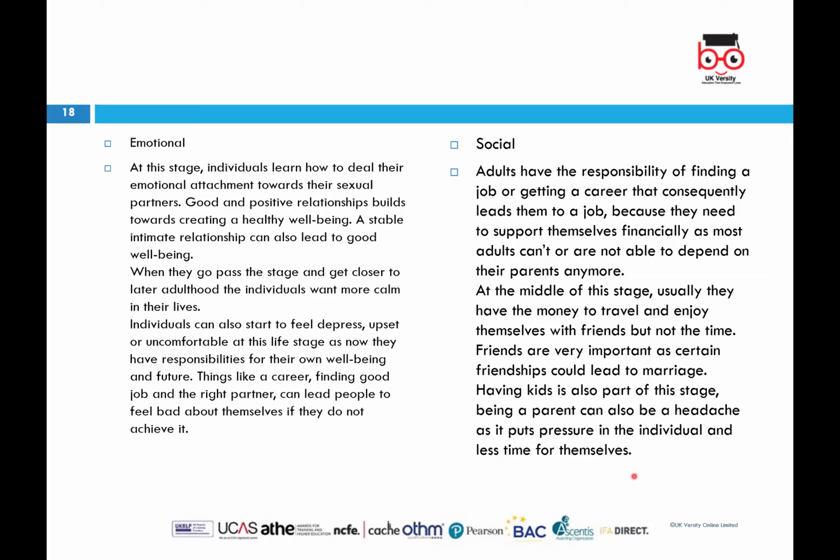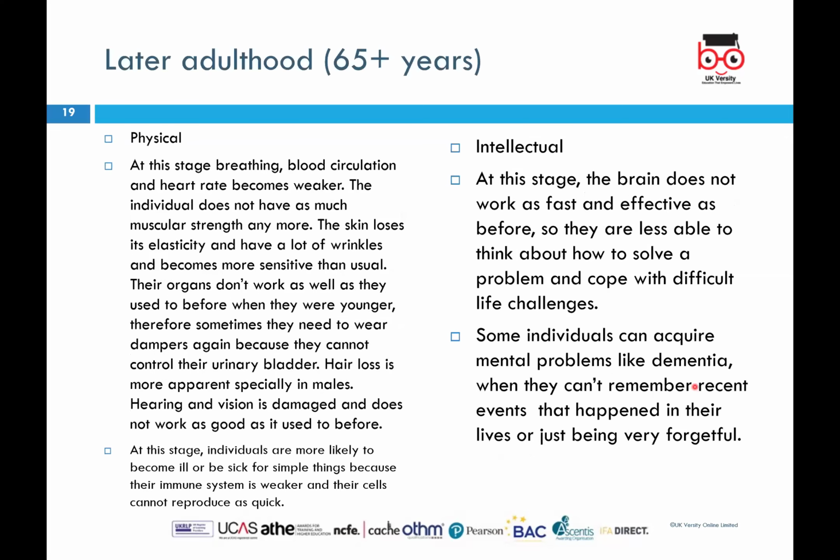They have kids, they have different priorities, and if they have a job, that's okay, but some of them also have declining career pathways, because their learning becomes depressed at this stage, and their priorities change. Late adulthood, the last bit, so 65 and older, physical changes happen.